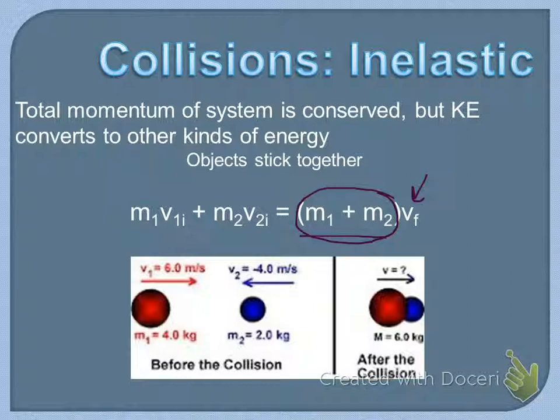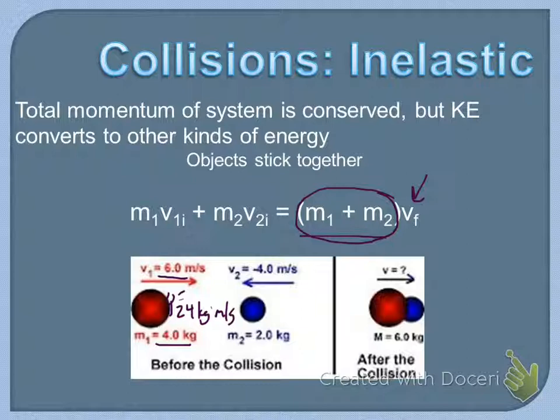And the problem that we're looking at here, before the collision, our object 1 is moving with 4 kilograms of mass and 6.0 meters per second. So our momentum for our red object right here would be equal to 6 times 4, 24 kilograms times meters per second.